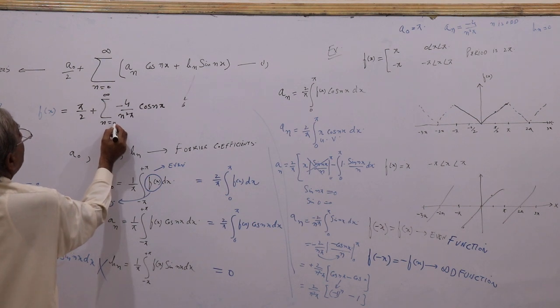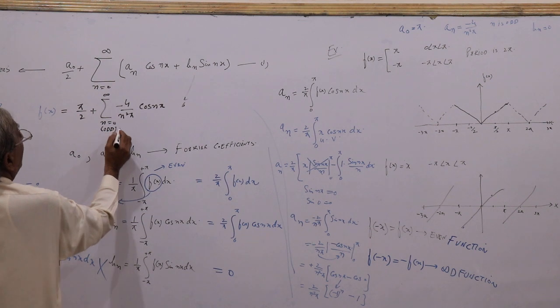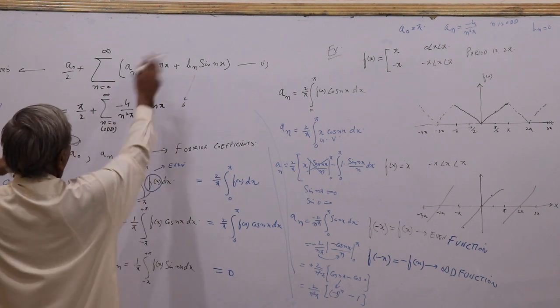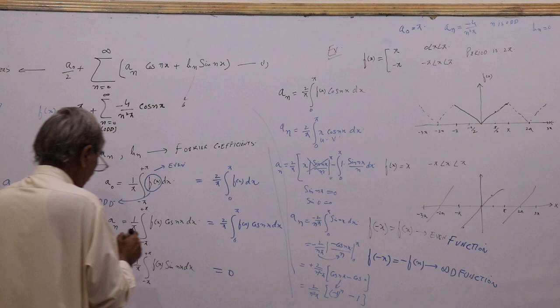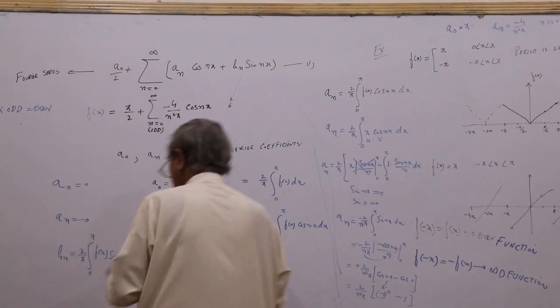Remember, n goes from 0 to infinity, but it should be odd because for even n the an coefficient is 0. So what is your Fourier series?